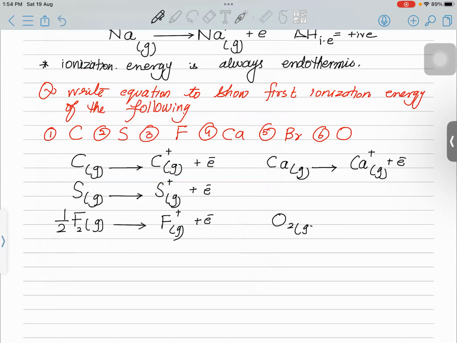Oxygen is O2 gas, so half O2 gives O positive gaseous. Again, one electron is removed. This is first ionization energy. Similarly, Br2 gaseous. Both reactant and product should be gaseous. Here again half Br2 gaseous gives Br positive gaseous. So this is all about the first ionization energy.